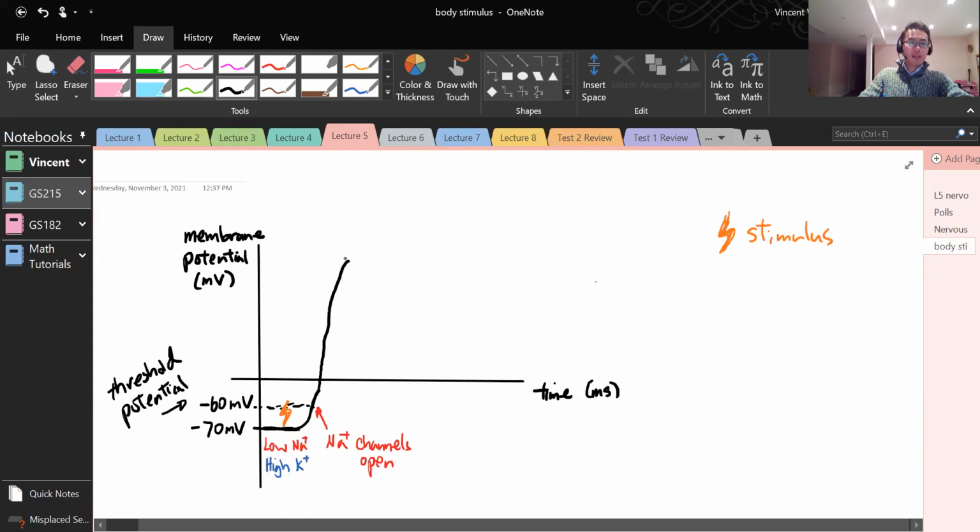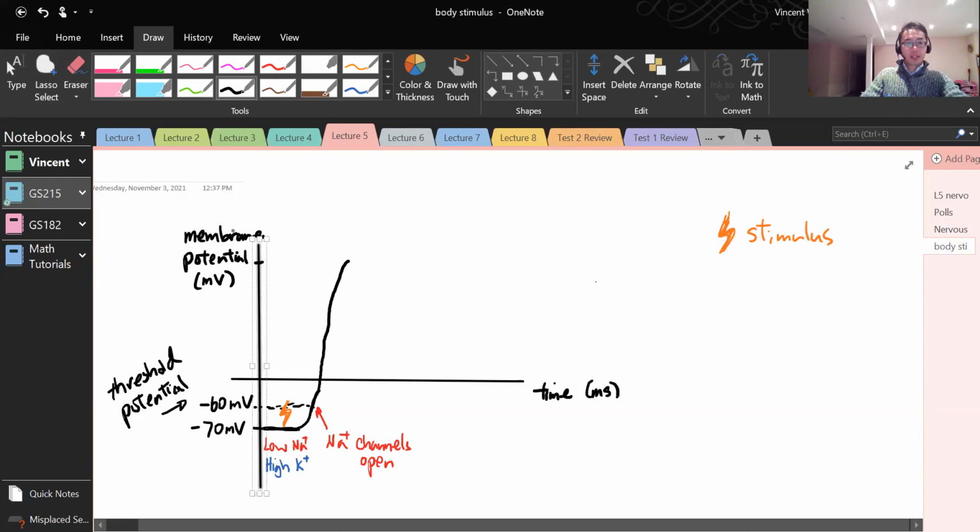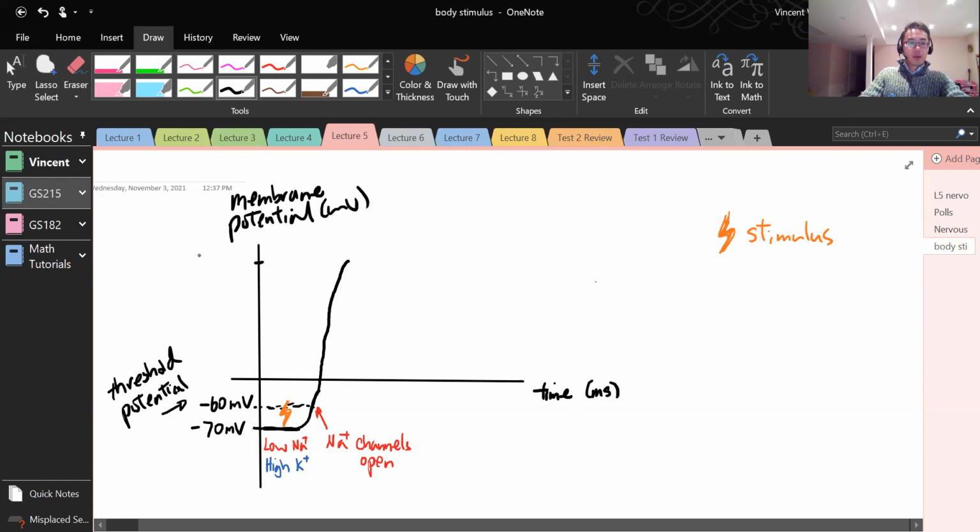Now, it's not going to go up forever. It's going to go up to about 30 millivolts. Give me a second, I'm just going to erase it. This is membrane potential. It's going to go up to about 30 millivolts because that is the closing voltage for our sodium channels, right?